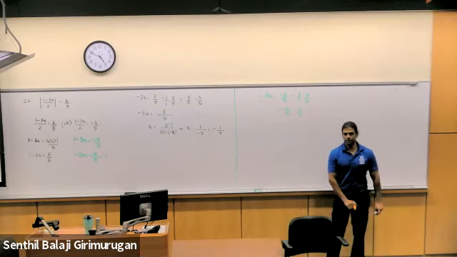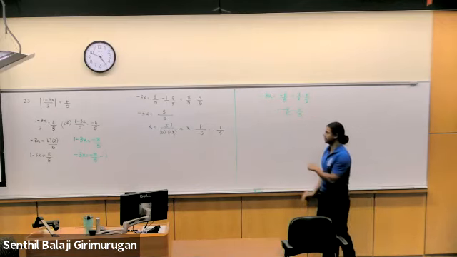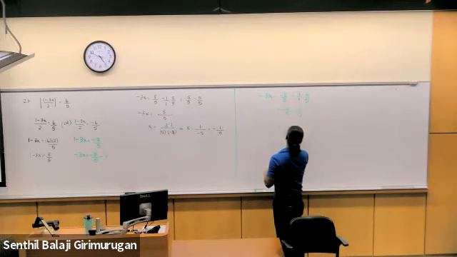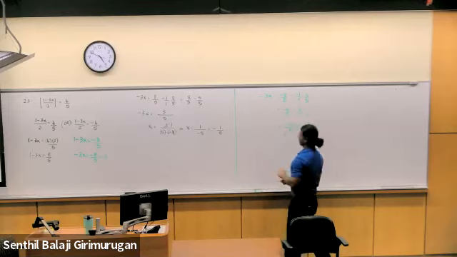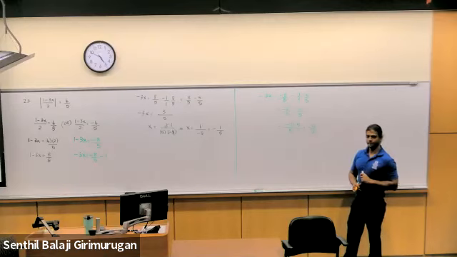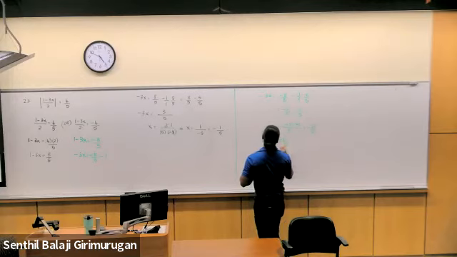Do we have a common denominator? Yes. So we can combine the numerators. So negative 8 minus 5, we get negative 13 over 5. Good. So minus 3x is equal to minus 13 over 5.